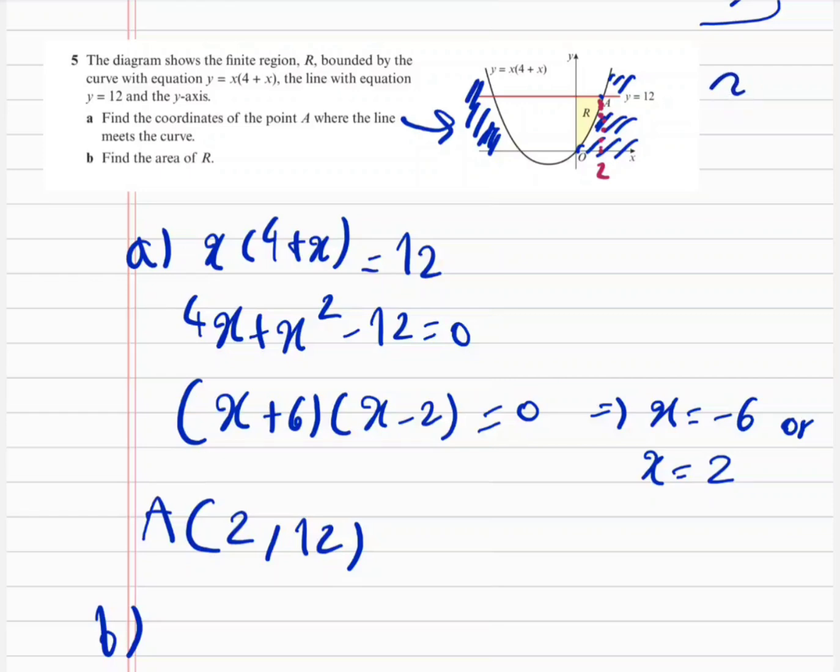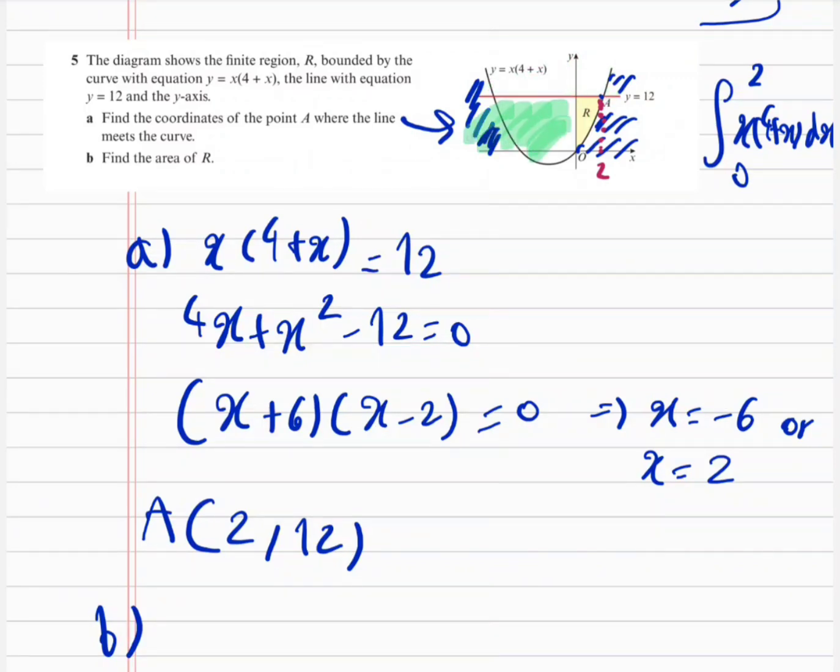So one of the integrals is x times (4 plus x) dx, and the limits are 0 and 2. And the other integral is the line. Again, we need to be careful in choosing the limits for the line, because if we choose any limit below 0, the line is going to give us the area of this region bounded by the line and the x-axis.